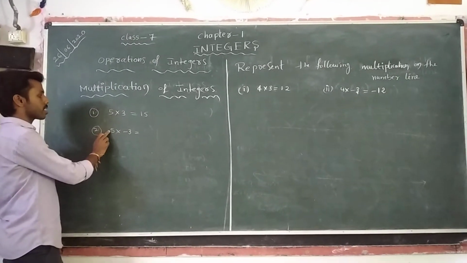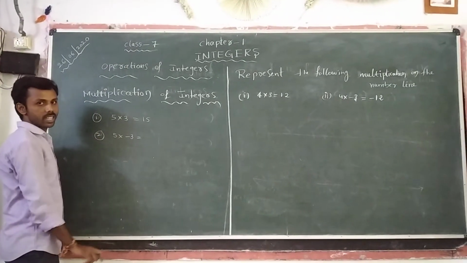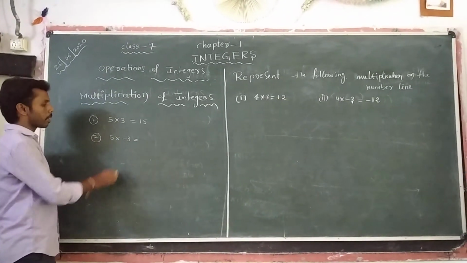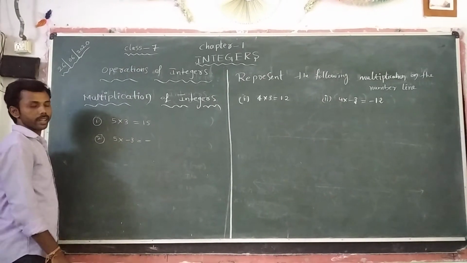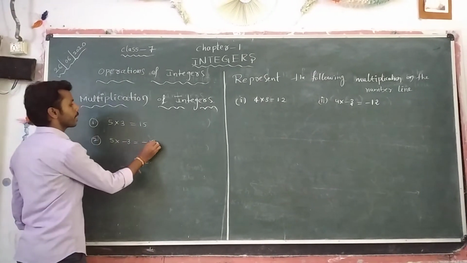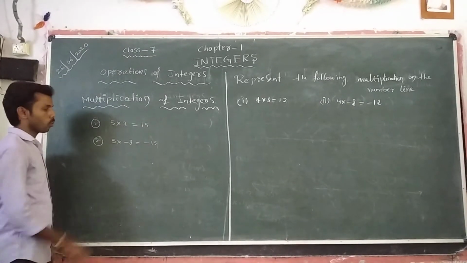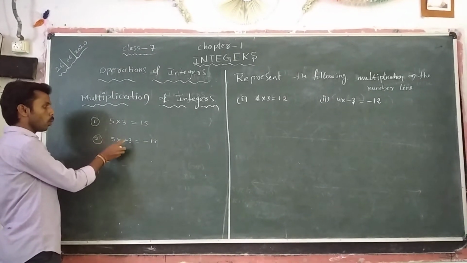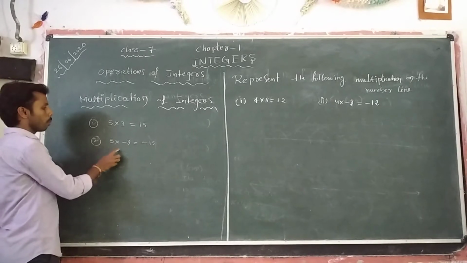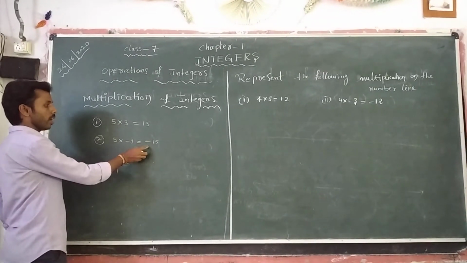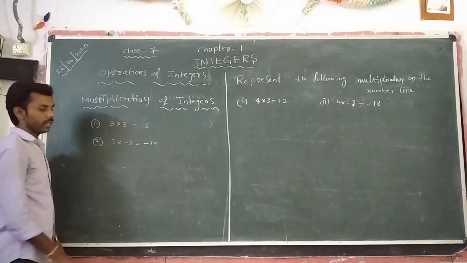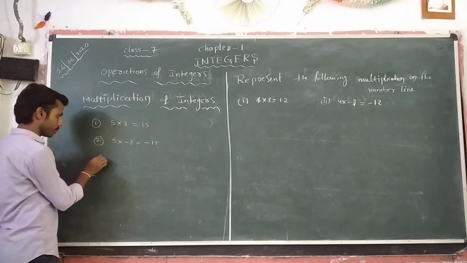When both are multiplied, the answer is always negative. 5 threes are 15, so minus 15.